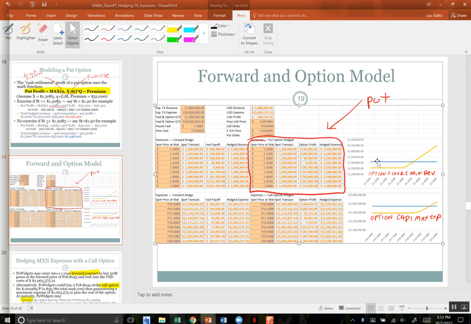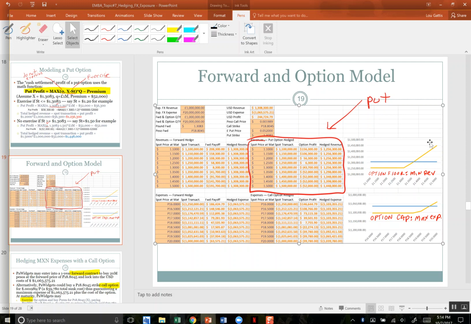But if I have a call option that costs me $50,000 to buy £1 million pounds at $1.30, if the exchange rate goes way down, I'm going to exercise the option and sell them all for $1.30. But I lost the $50,000. That little distance here, that's $50,000. The worst case is you'll do $50,000 worse than the forward. Best case, unlimited.